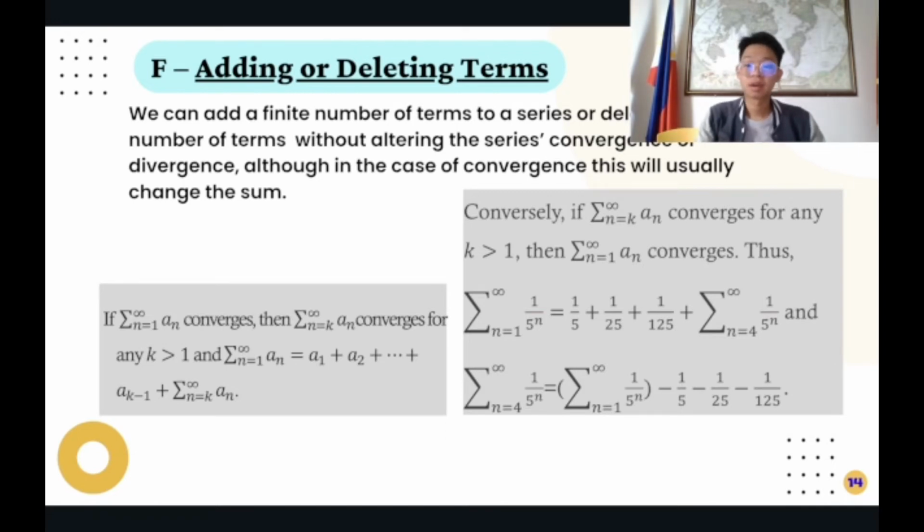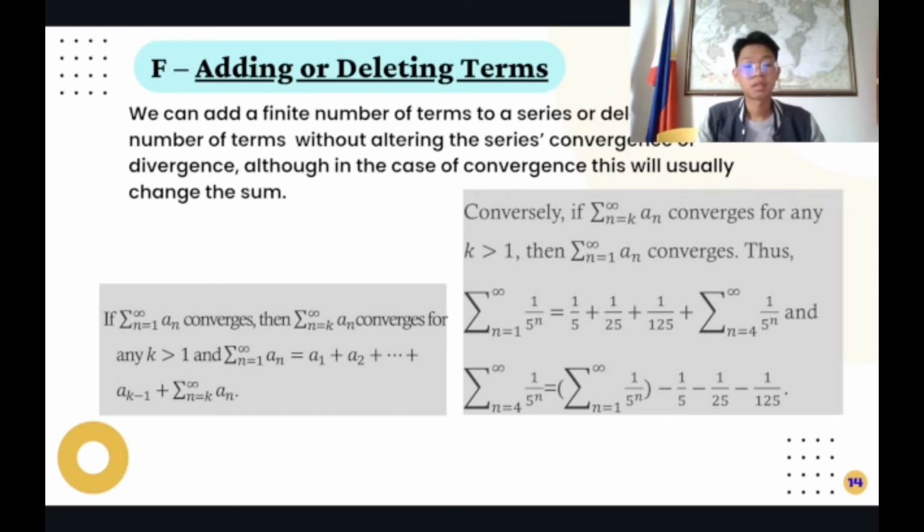If the sum of an from 1 to infinity converges, then the sum of an from k to infinity converges for any k bigger than 1, and the sum of an from 1 to infinity equals a1 plus a2 plus ... plus a(k minus 1) plus the sum of an from k to infinity. Conversely, if the sum of an from k to infinity converges for any k bigger than 1, then the sum of an from 1 to infinity converges.